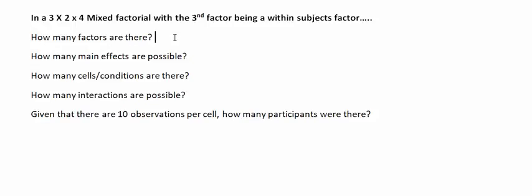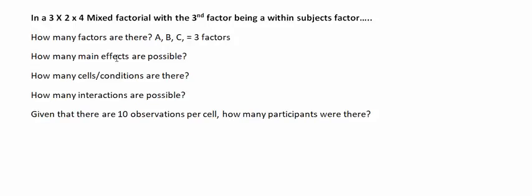Well, in this case, you have factor A with 3 levels, right? You have factor B that has 2 levels, and you have factor C with 4 levels, right? And so how many factors? Well, there's 3.